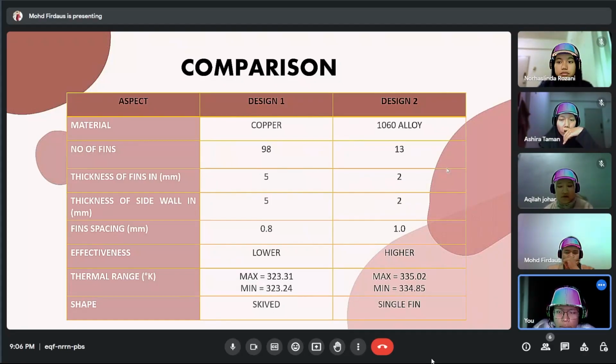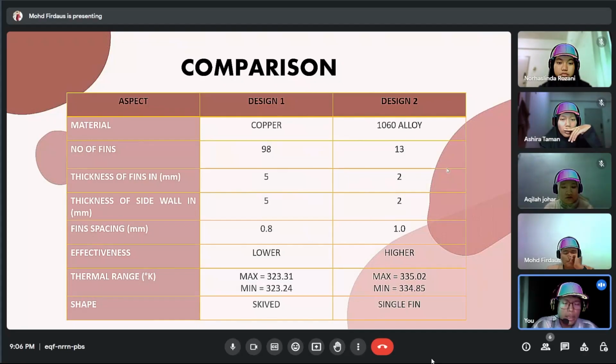Then the thickness of the fins in mm: for the first design it is 5 mm and for the second design it is 2 mm. So for design 2, the thickness is quite low compared to design 1, but the side wall is the same because we don't have a side wall.